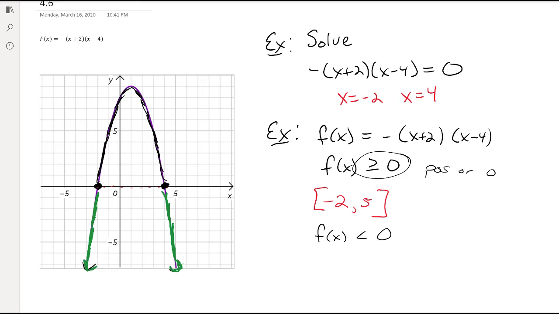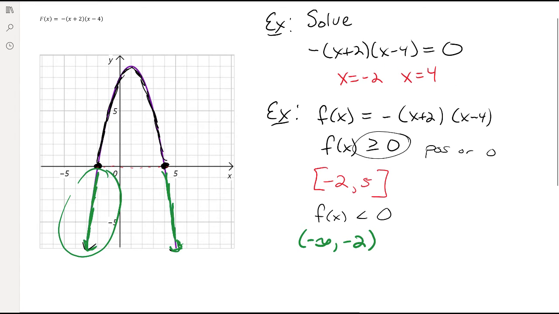This left branch of the graph goes down and left forever. So the x value is going to be from negative infinity, because it's going to the left forever, up until we get close to an x value of negative 2, but we're not going to include the negative 2 this time. Why is that? Because it's strictly less than.